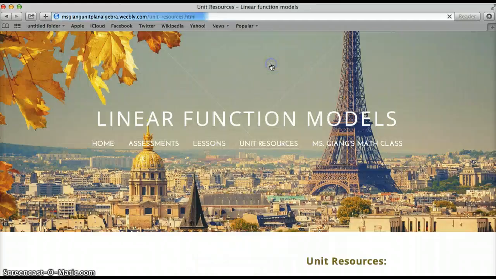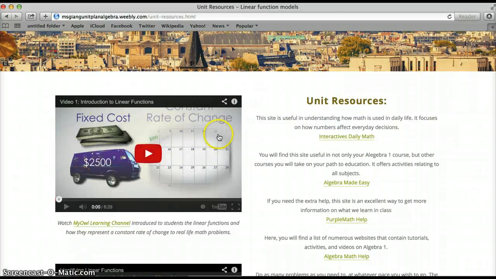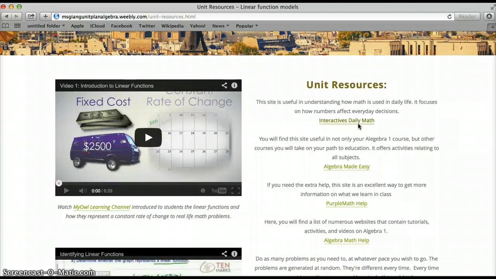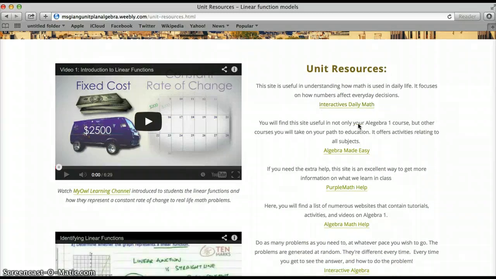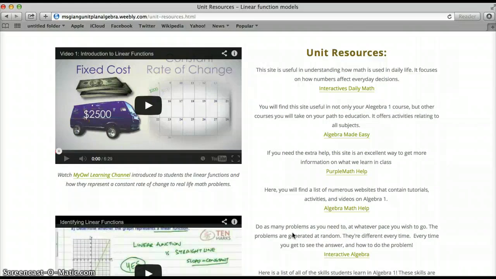And here is the unit resource. I have many useful math sites here for students to take a look at and learn. All of these sites have problems that you can work on online so that you can really understand the many concepts of Algebra 1 linear functions.